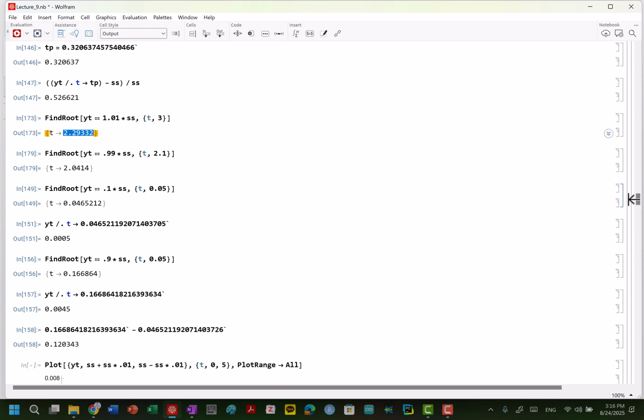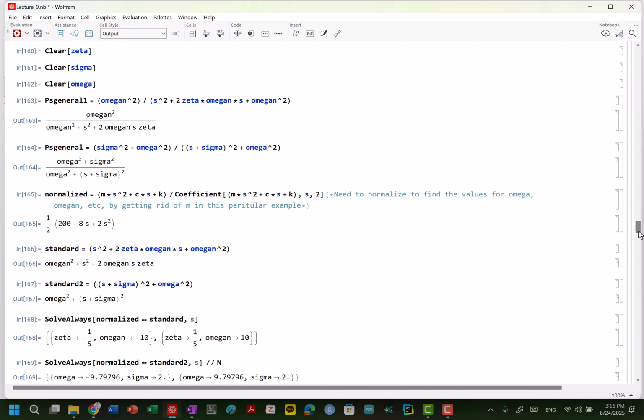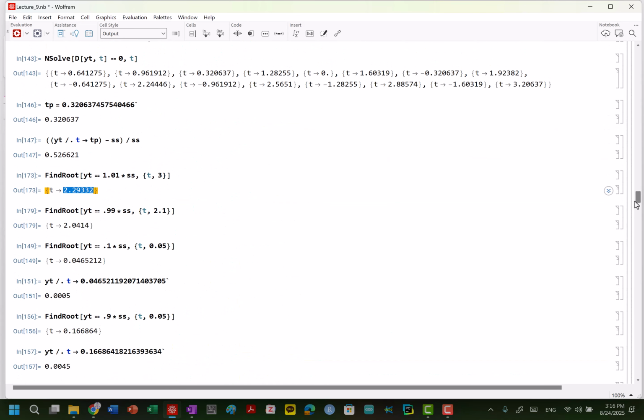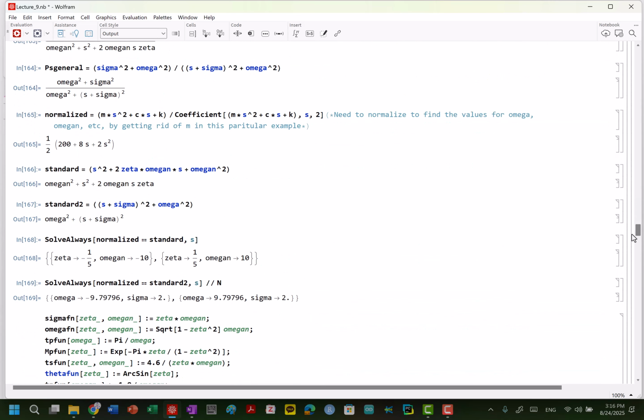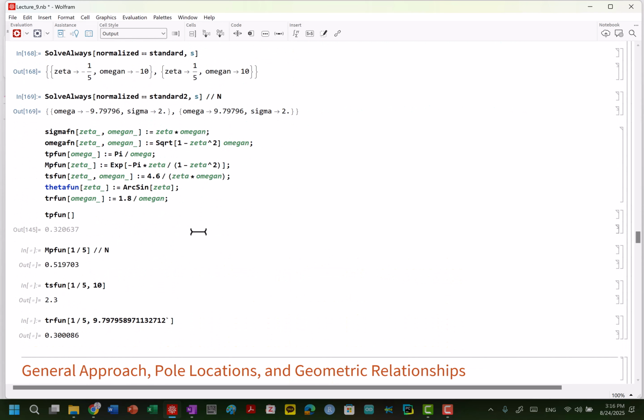So let's double check it. Or excuse me, not the rise time, settling time. I'm always going to make those little notation errors. Hopefully you'll forgive me for that. If I want the peak time, I just need my omega, and I'm going to plug that in here. If I want my maximum overshoot, it's just a function of zeta, which is 1/5.